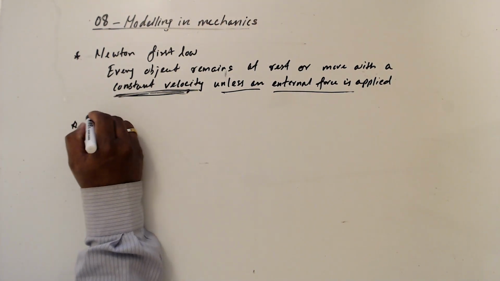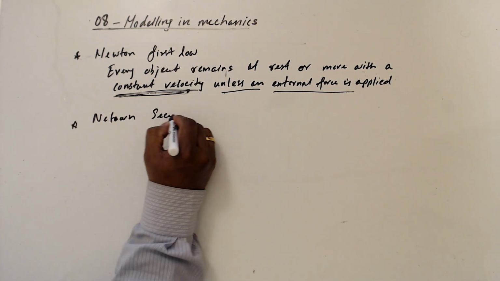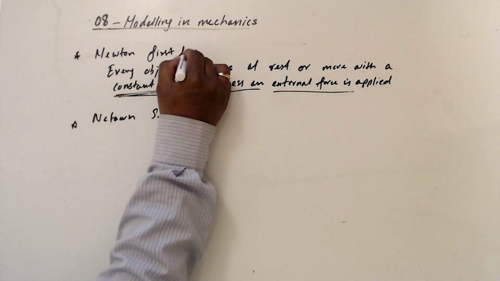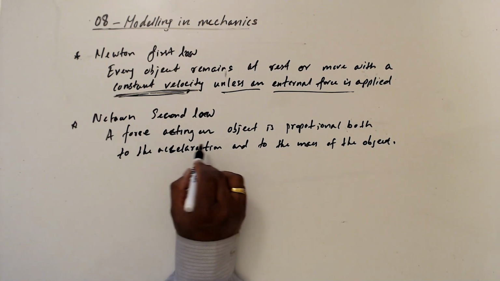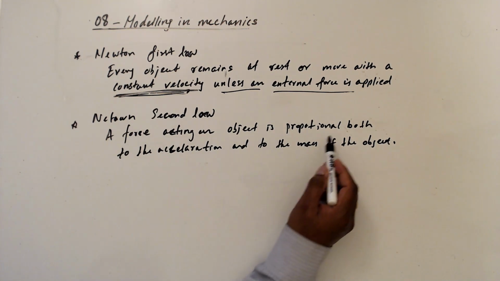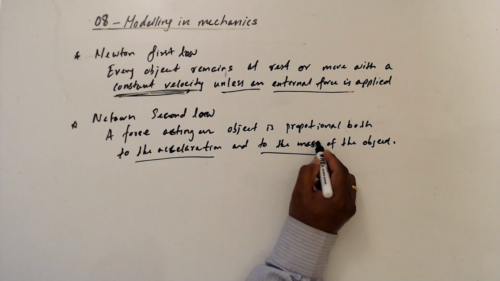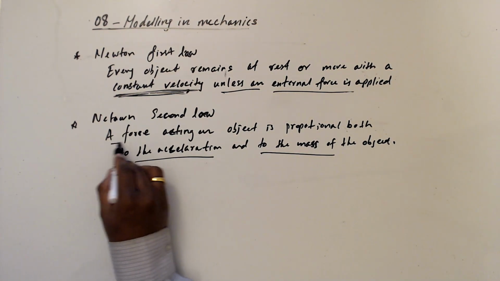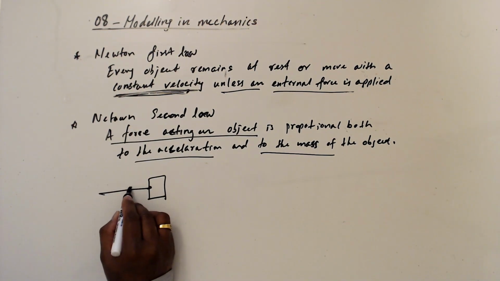Next one is Newton's second law. The Newton second law: a force acting on an object is proportional both to the acceleration and to the mass of the object. A force acting on an object. This is the object. A force F is acting on it.